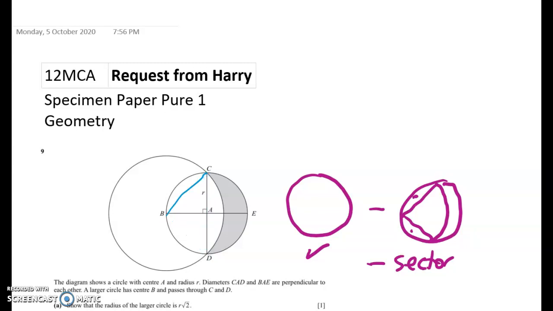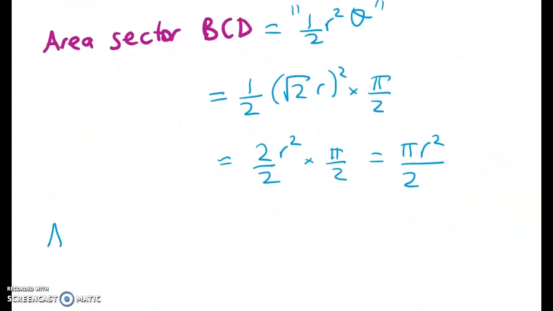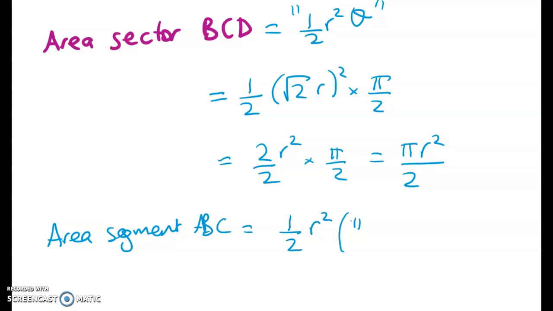Well, the little segment is a pretty easy one to get. It's coming from here out to here. So the angle theta there is 90 degrees. And my radius is r. So the area of segment ABC is equal to a half r squared times theta, pi on 2, minus sine theta, sine of pi on 2.